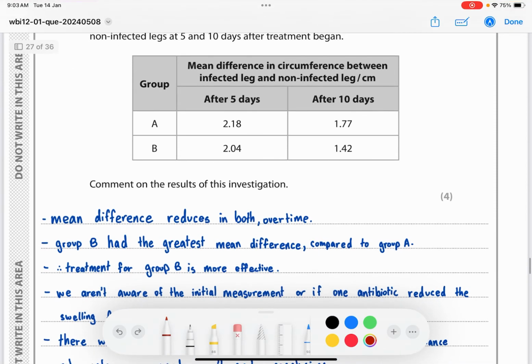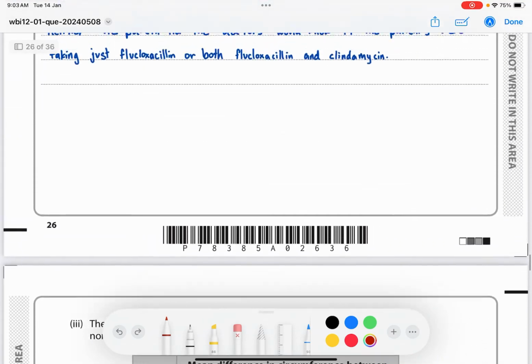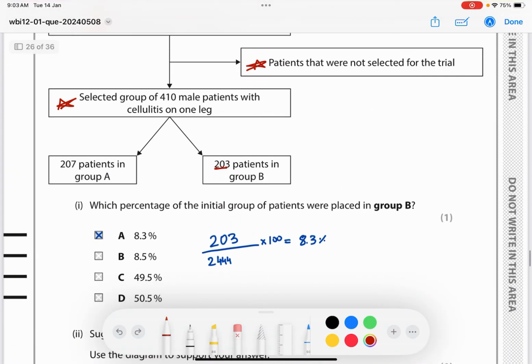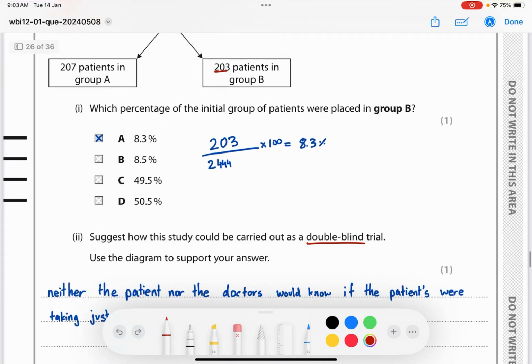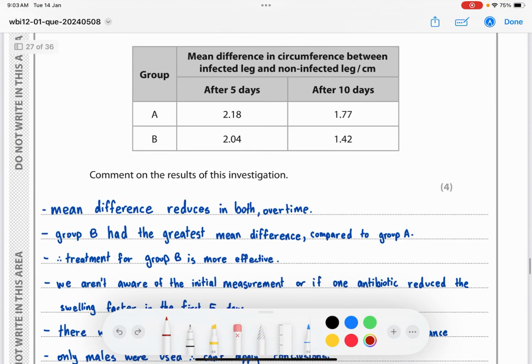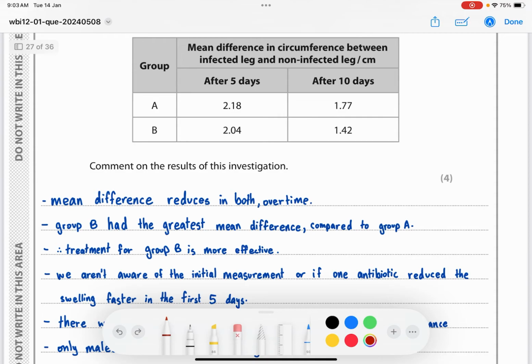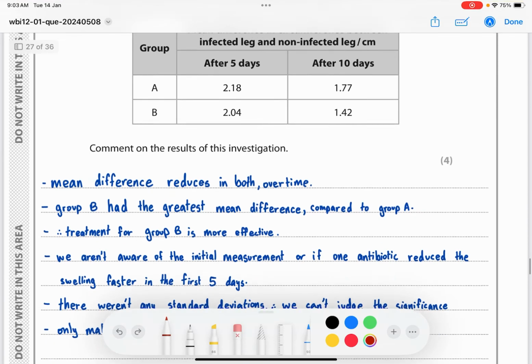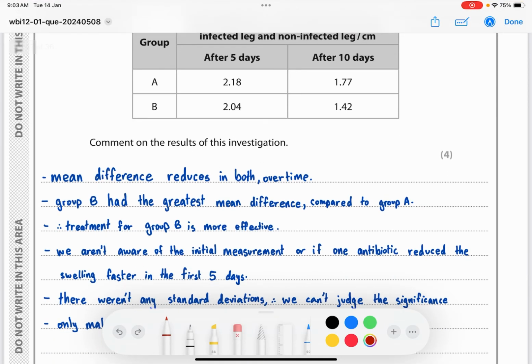So we have group A, we have group B. Okay, so mean difference reduces in both over time. We can see that here to here there was a reduction, here to here there was also a reduction, right? That's an easy general point we have.